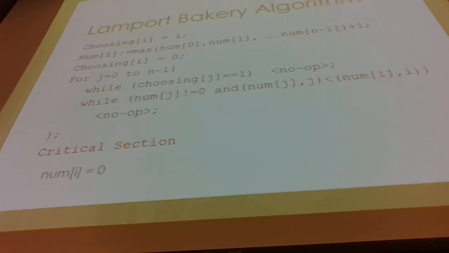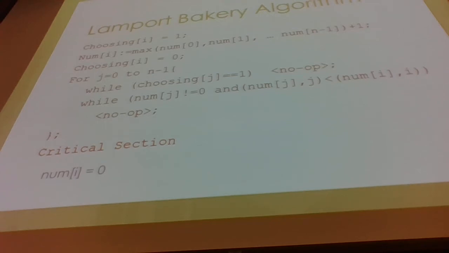It depends upon how many bits you store for the process ID. If you have 16-bit process IDs, then process 2 to the power 16 plus 1 is the same process ID as process 0. In that case, you cannot distinguish between them, and this algorithm will not work.